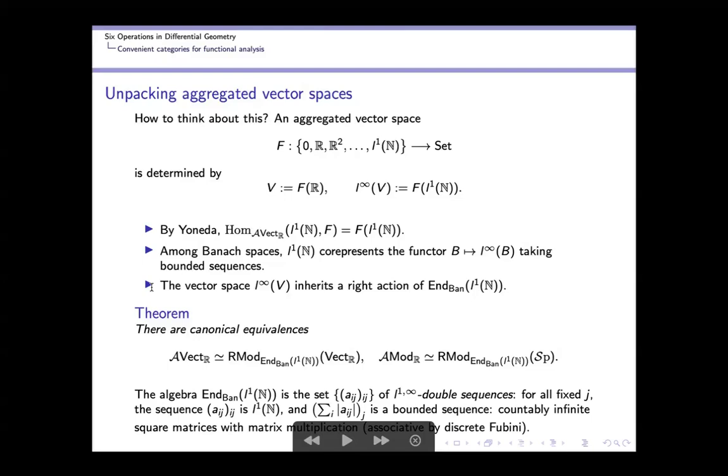If you impose these conditions, you can deduce that matrix multiplication of these infinite matrices is well defined and converges. That's what these boundedness and summability conditions imply. So what is this category? It's just the category of right modules for the infinite square matrix algebra. And it turns out that this solves all the problems that you encounter if you try to do homological algebra with topological vector spaces.